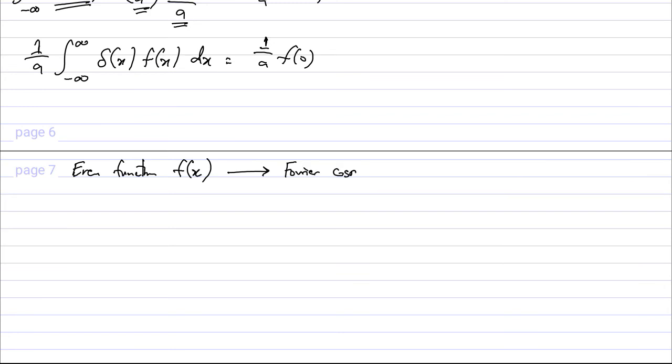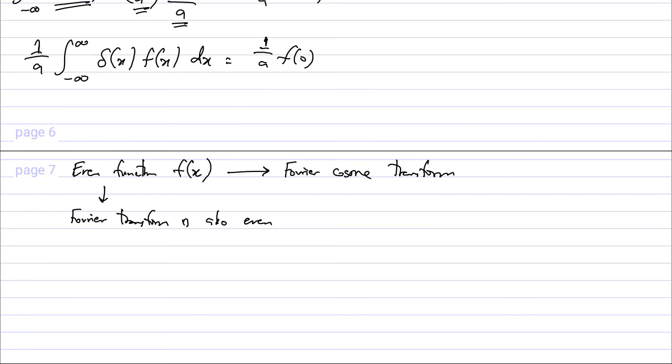Essentially your transform, instead of involving a complex exponential, only contains a cosine. First of all, we start from the observation that if you have an even function, then the Fourier transform of this even function is also an even function.